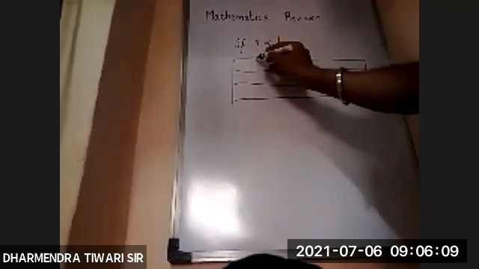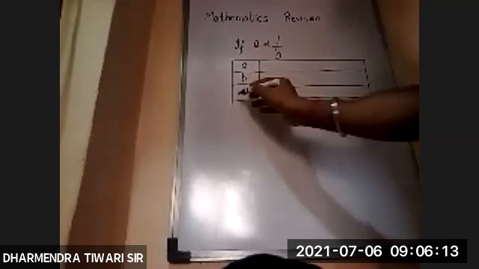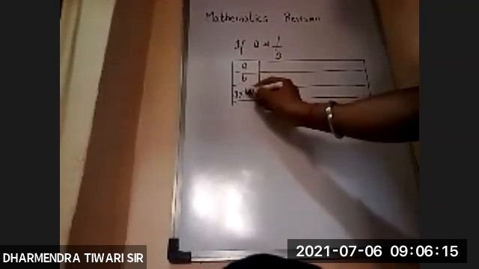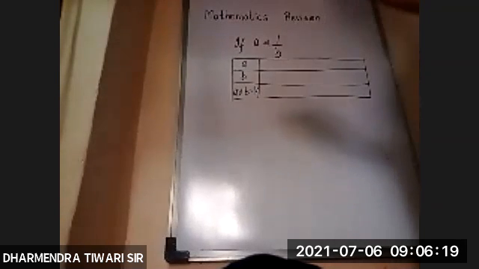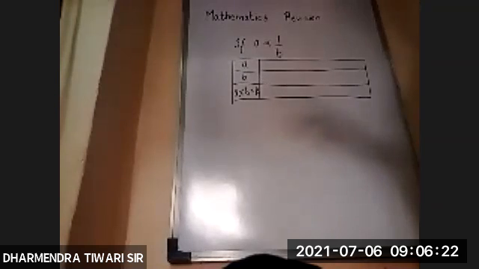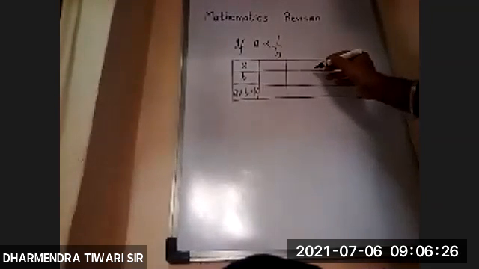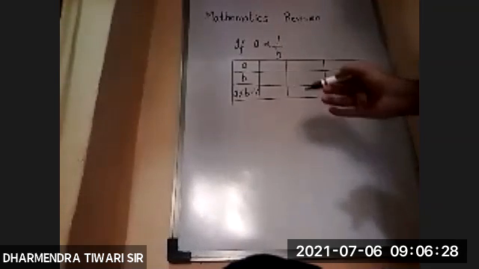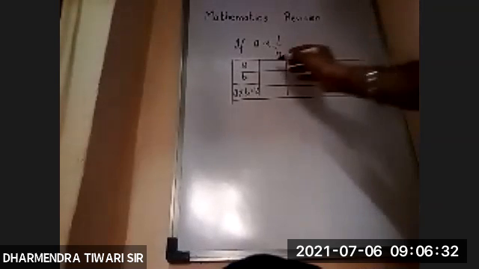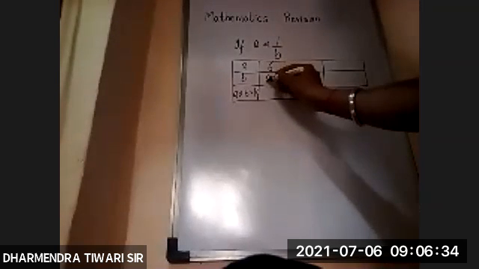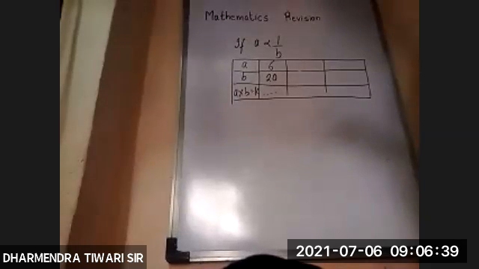K can be written as K, or you can write A into B, no problem. Say A, B, and we know that A into B is nothing but K. So this is our K. Say value of A, and we have one unknown. Here say we are having 6 and 20, keeping K unknown.